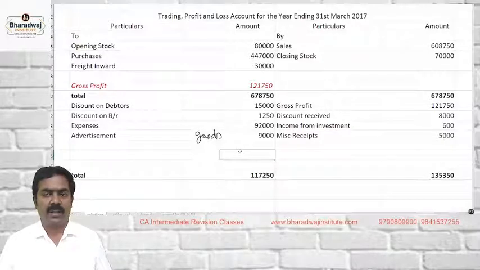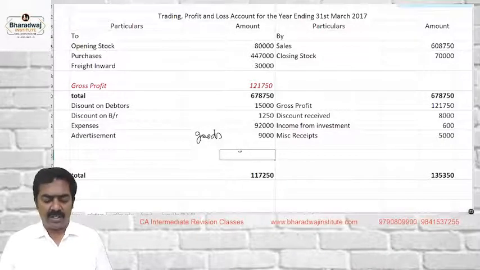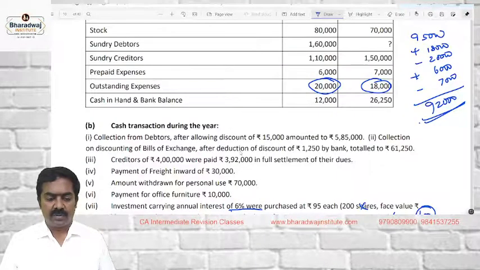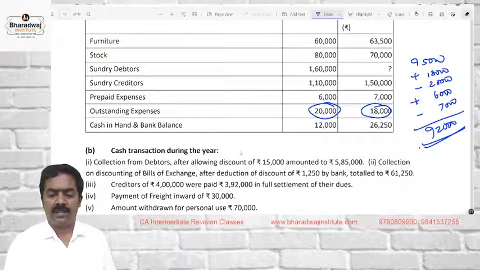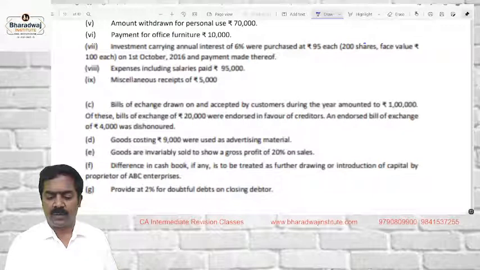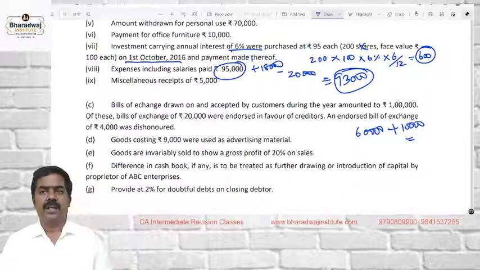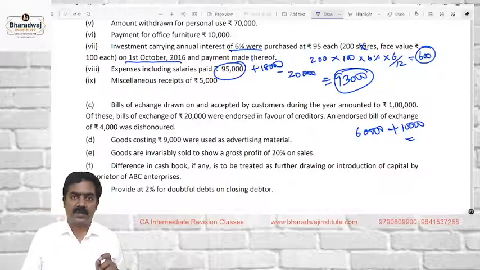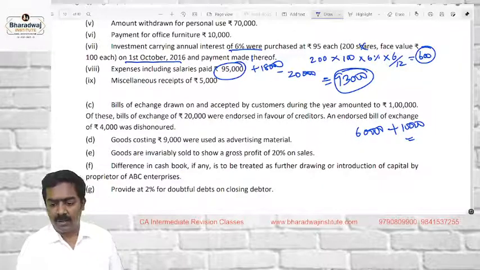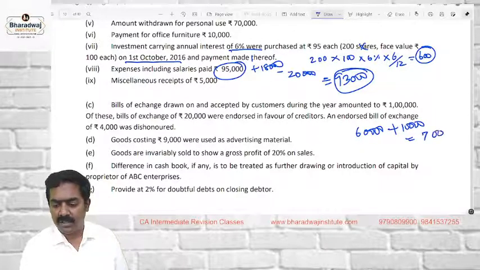Before that, look at the furniture value. What is the furniture opening balance? 60,000. Pay attention. Opening balance was 60,000, plus we purchased for 10,000. Clear? It should have become 70,000.